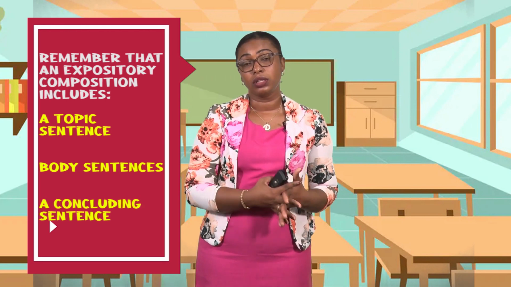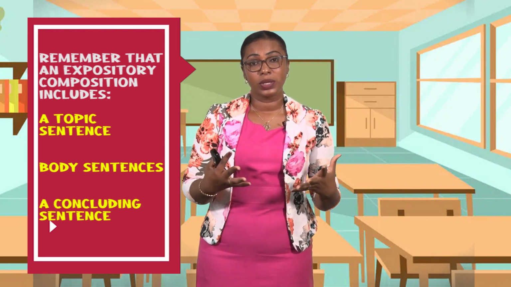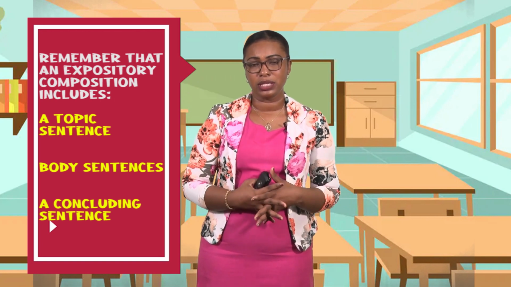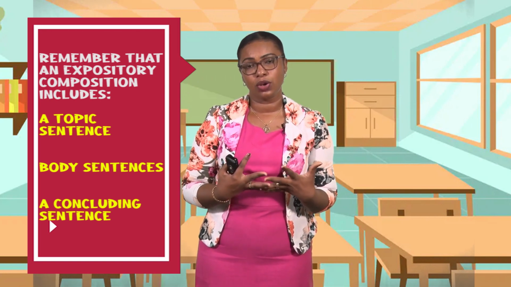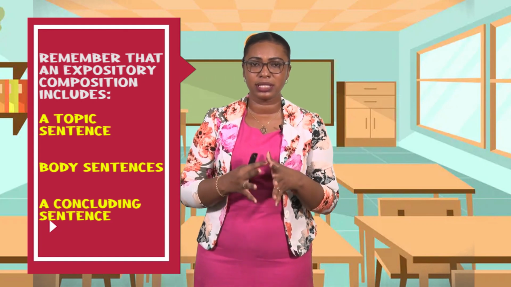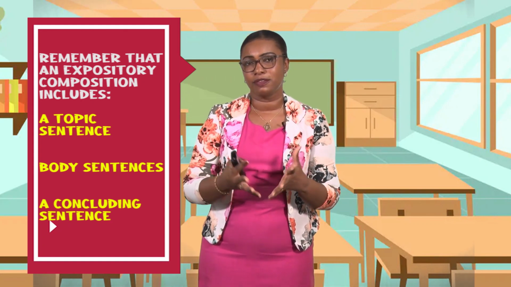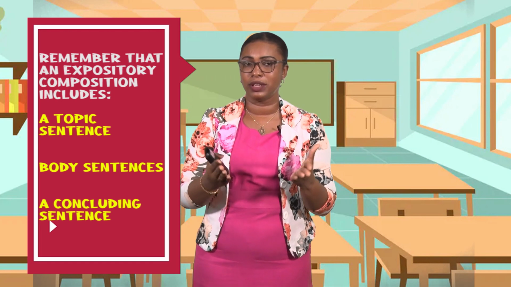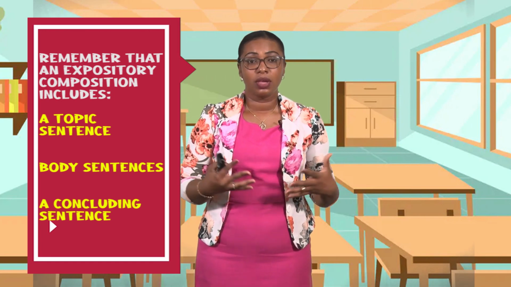You have your concluding sentence, which always wraps up your writing piece. It could also express how you feel about the entire process and what you expect from the person that you are giving these instructions to.